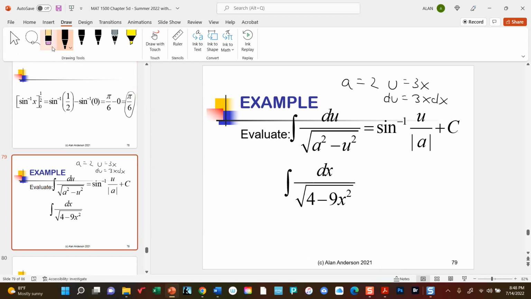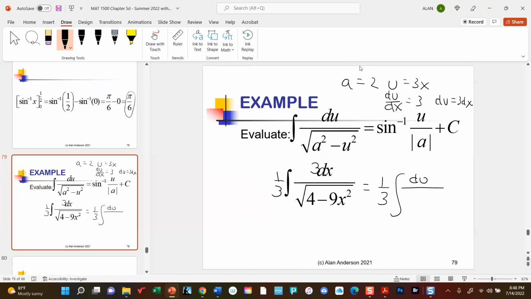Oh, wait, sorry, hold on. u is 3x, du/dx is 3. So du is just 3 dx. Okay, so we're only missing a constant. We'll put that here and here. And then we'll have du over, well, I can write it as a squared.